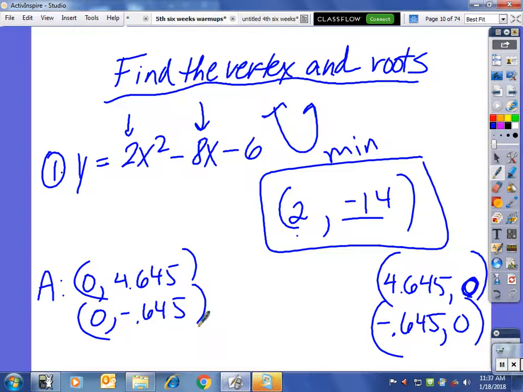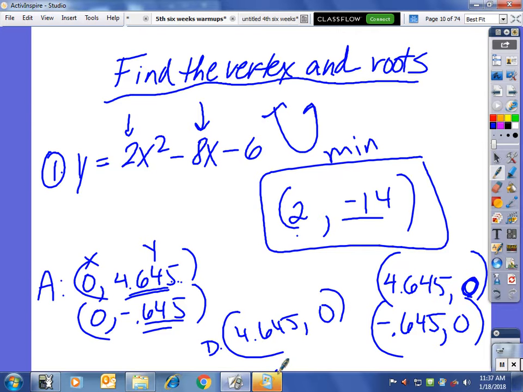Yeah, this is the X and Y. They switched them around. These are not Y values. These are X values. If they had kept looking, hopefully they would have seen, and they didn't put the right answer till all the way down at choice D. It shouldn't look like this. It should look like 4.645, comma 0 and negative 0.645, comma 0.